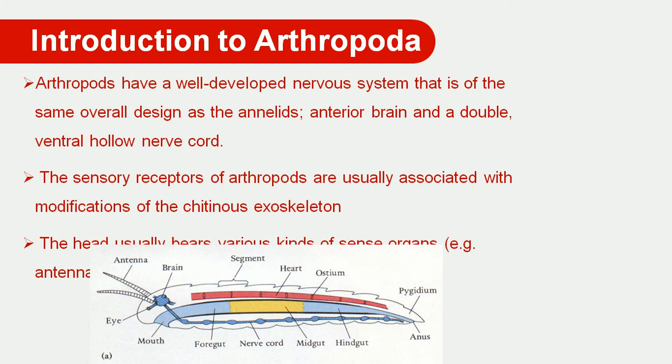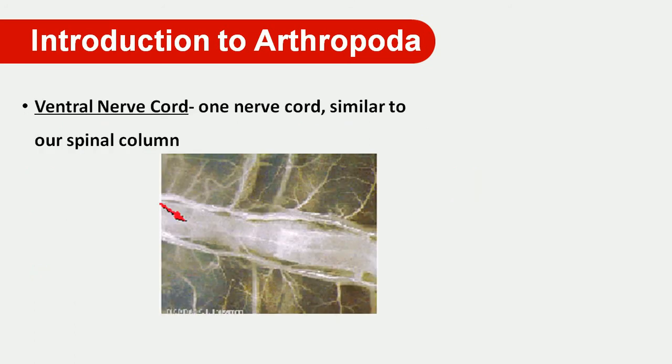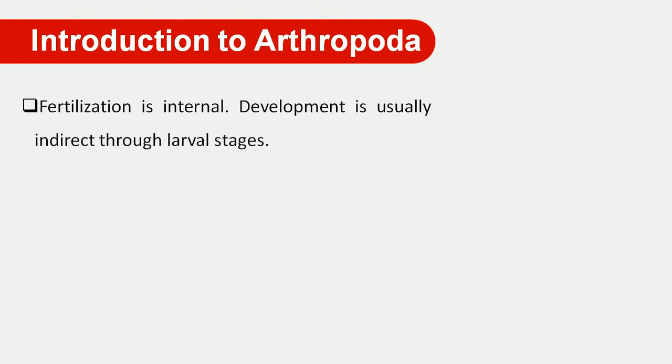The cord is similar to the spinal column. In these animals, fertilization takes place internally, but development is usually indirect through larval stages. The eggs hatch into larvae: first instar, second instar, third instar, then fourth instar, sometimes fifth instar, then go to the pupa and adult.